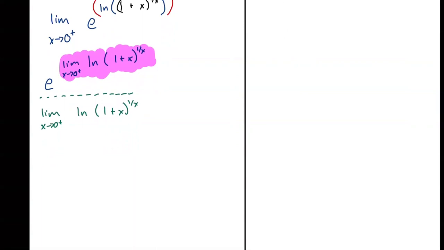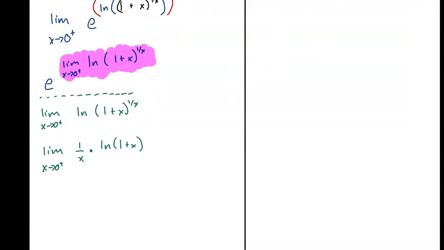The power rule allows us to take this exponent and move it in front of the ln. In other words, we're looking at the limit as x approaches 0 from the right of 1 over x times ln of 1 plus x. All of a sudden we got our natural logarithm by itself at the top, and we have a rational function we can now apply L'Hôpital's rule with.